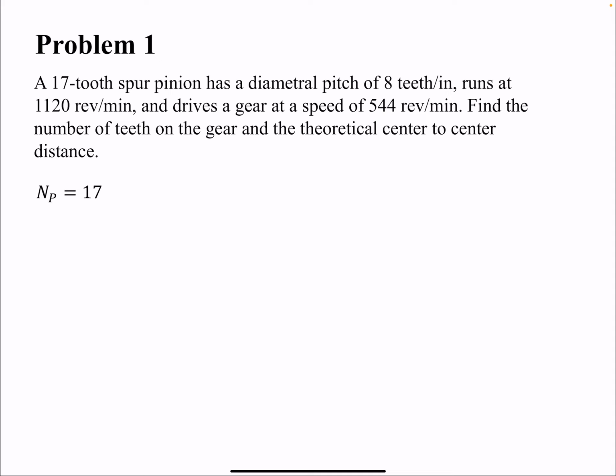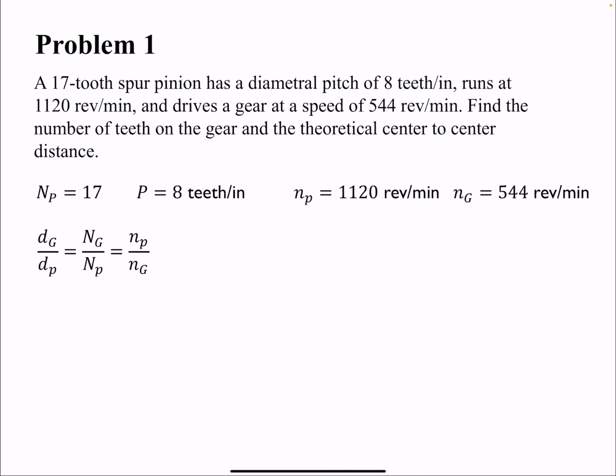So we have a pinion with 17 teeth. Diametral pitch is 8 teeth per inch. The RPM of the pinion is 1120. The RPM of the gear is 544. If you look at the gear ratio, you can see that we have the RPM of the pinion, the RPM of the gear, and the number of teeth for the pinion.